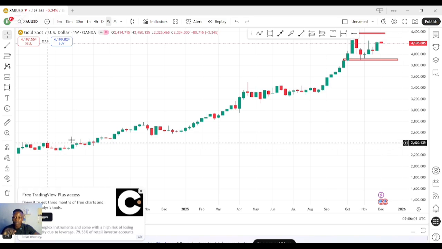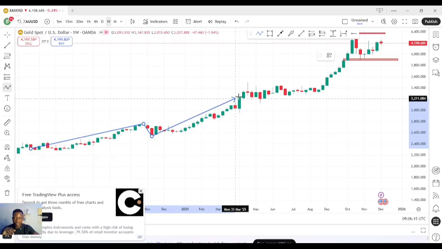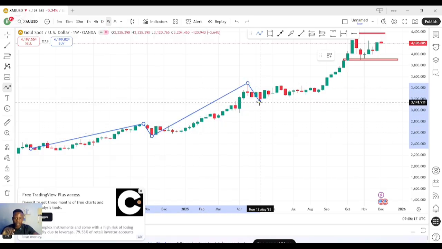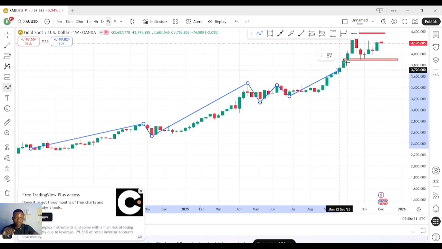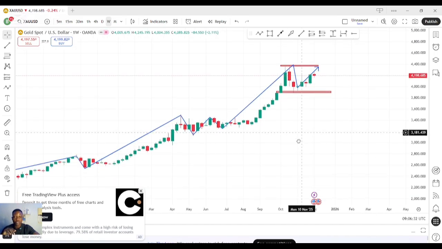As you can see, the market moved from this area, gave a little retrace, then moved again up to this area, gave a little retrace, then moved again. This is just a minor retracement, then it moved again to this area before we see another retracement to the downside. Then it's trying to move again. Let's see where this one is going to end.